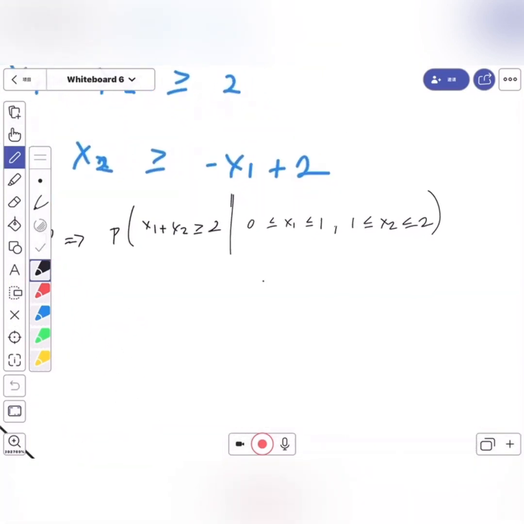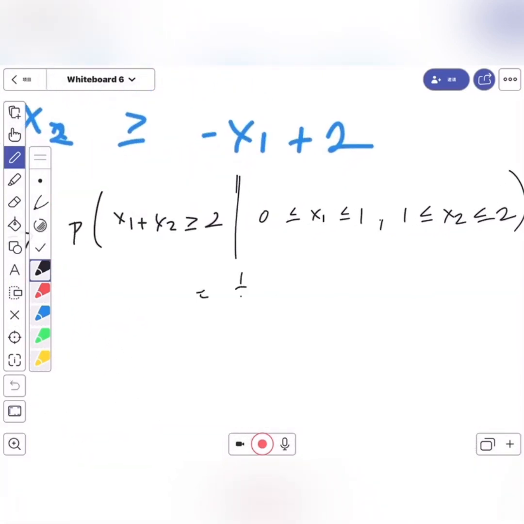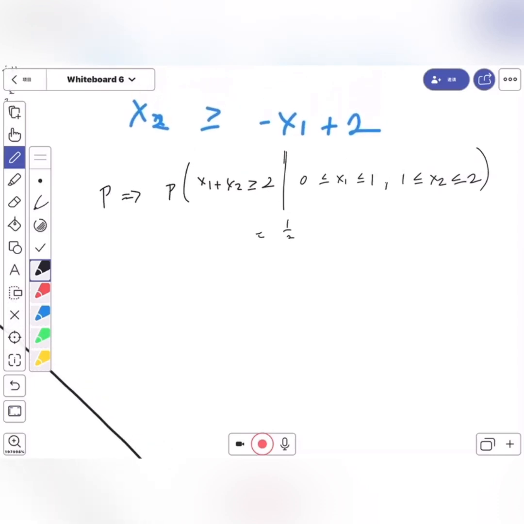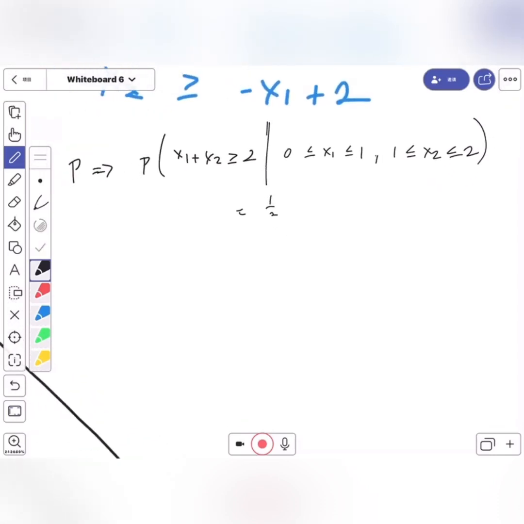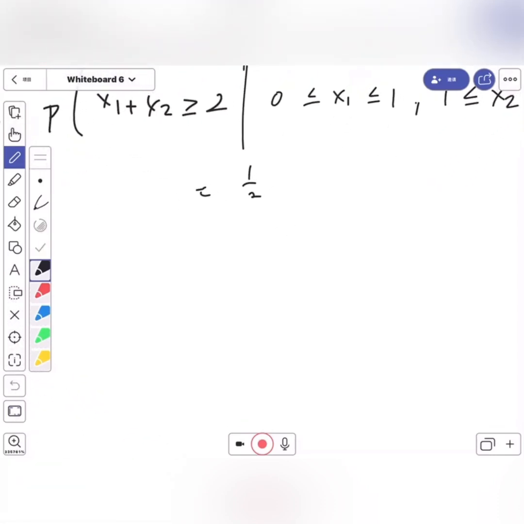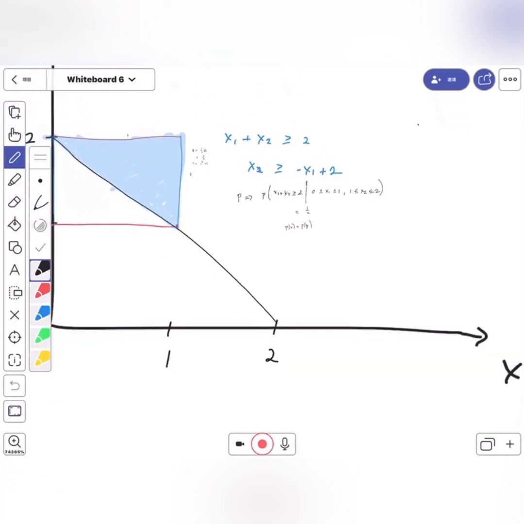So that is 1/2. And what about y? Well, y is exactly the same, so P of x is equal to P of y.